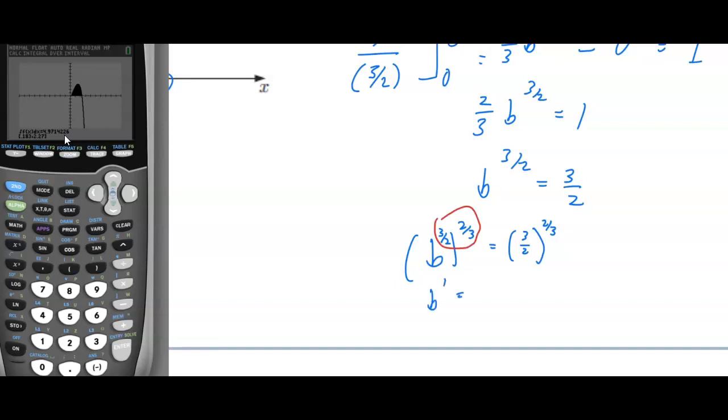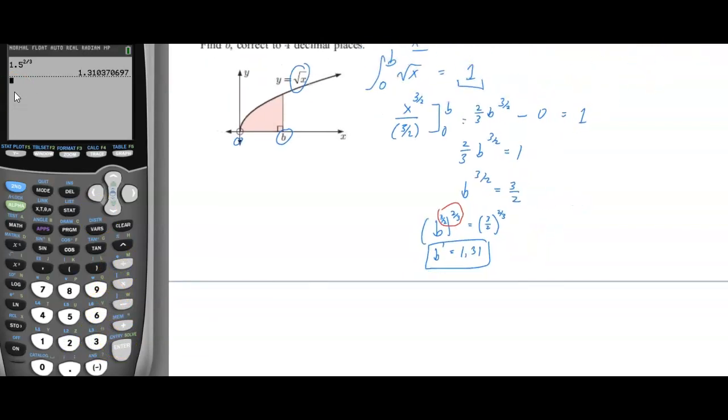And then the other side is 3/2 to the 2/3. I can do that on the calculator. 1.5, which is 3/2, caret to the 2/3. 1.31. So the answer is b is 1.31.